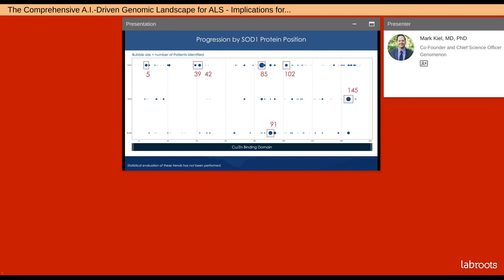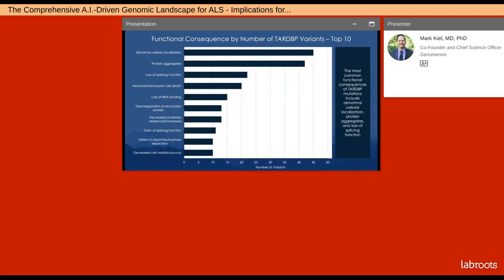And speaking of functional effects, this is now a different gene, the TARDBP gene, where for each of the patients where there were variants in the TARDBP gene, I'm showcasing here on the bottom there, the number of variants which have a description of their functional consequence based on empirical studies of in vivo or in vitro functional studies for TARDBP.